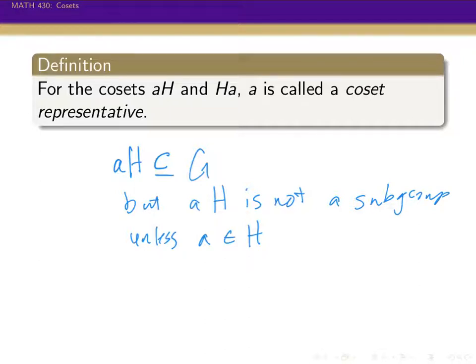But if A is not in H, then A inverse is not in H, so in particular we're not getting the identity, so there's no possible way for it to be a subgroup. So these cosets are different than subgroups. It's a different type of thing than a subgroup.